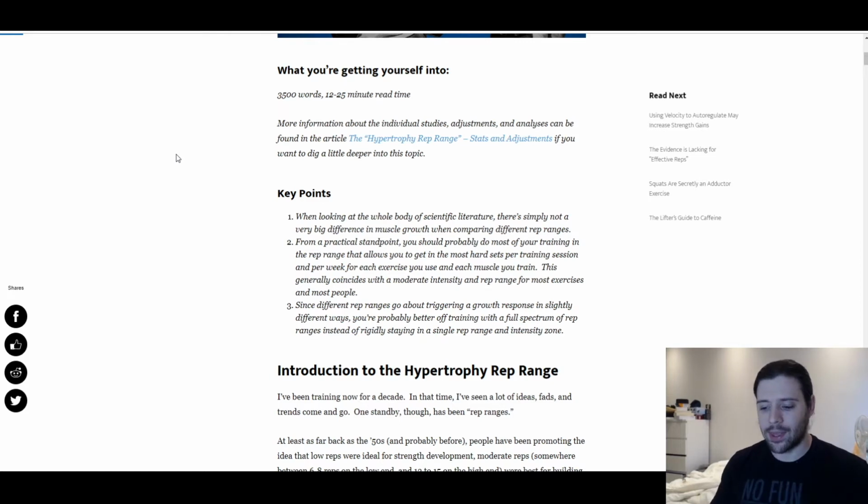This is the thing that I think most people fundamentally don't understand in a lot of ways, because when you see programs on the internet, that's what you see, right? You see those sets, you see those reps, you see those numbers, you see that intensity, and people assume that what's happening is that there's some magic, some way that those numbers are magically being put together to create some mystical special effect.